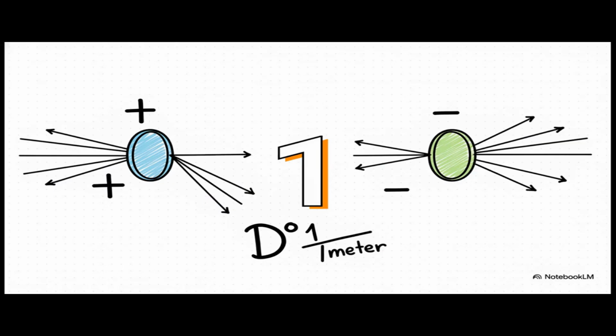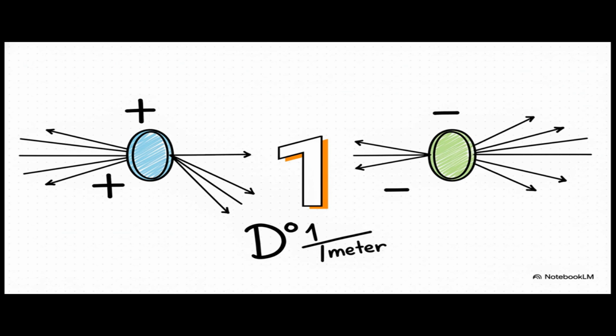So the absolutely crucial point here is that this power is simply the reciprocal of the focal length in meters. We calculate it with a beautifully simple equation: P equals 1 over f. So the next time you look at your glasses prescription and you see a diopter rating, you are actually looking at a measurement of optical muscle. 1 diopter is equal to 1 inverse meter.